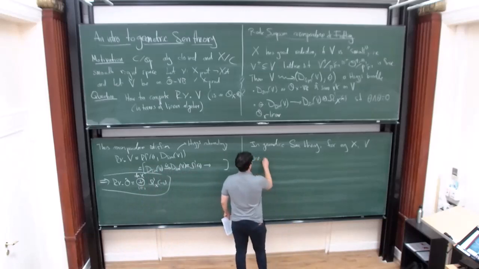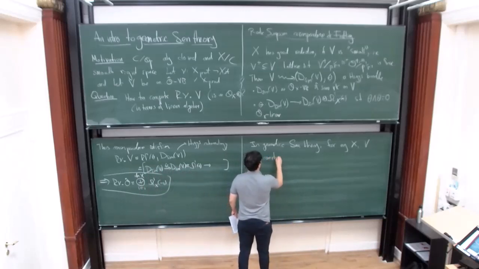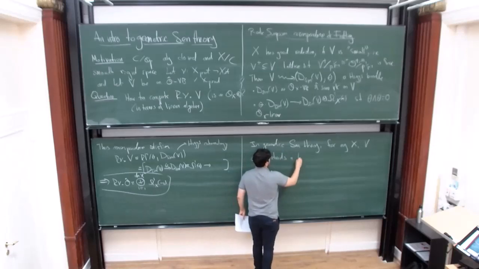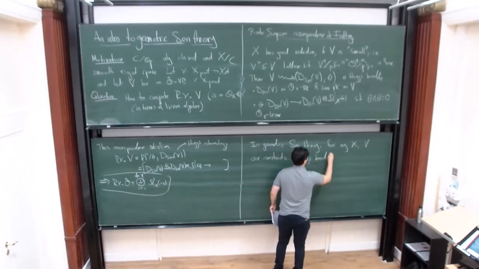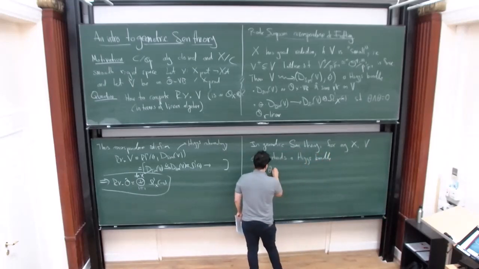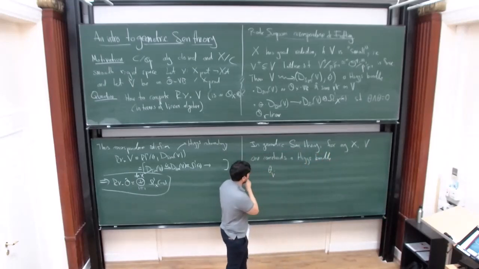One constructs a Higgs bundle, this time a Higgs bundle that is attached to V itself.